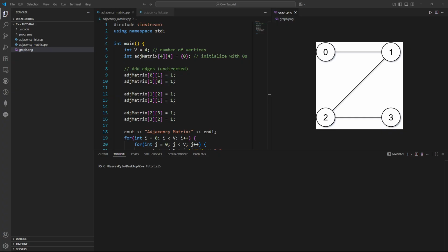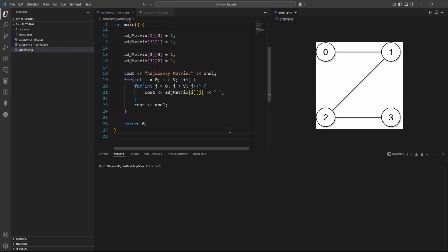The output clearly shows which vertices are connected. So, for example, on lines 9 to 10, we have the link between 0 and 1. On lines 12 and 13, we have the edge between 1 and 2. And then on lines 15 and 16, we have the connection between nodes 2 and 3. And then here, we are simply printing the adjacency matrix.